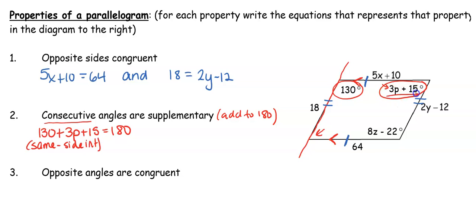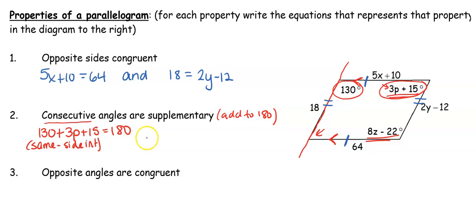If I had instead picked this angle to start with, yes, this angle is consecutive to 130, but we already did that equation. I could also use this one. I can use that same relationship around the entire parallelogram. So it's any two angles next to each other, not across from, but next to.